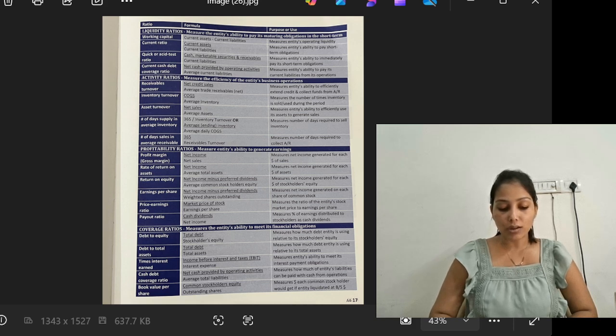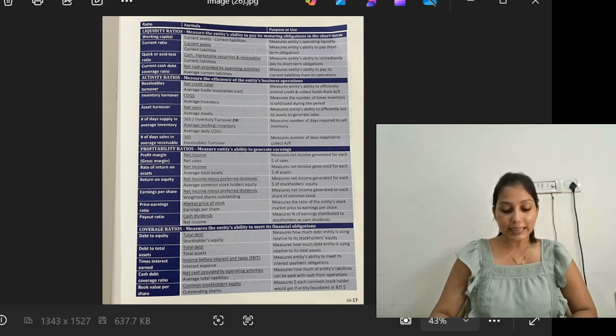Inventory turnover is COGS divided by average inventory, and it measures the number of times inventory is sold or used during the period. Asset turnover is net sales divided by average assets, and it measures the entity's ability to efficiently use its assets to generate sales.